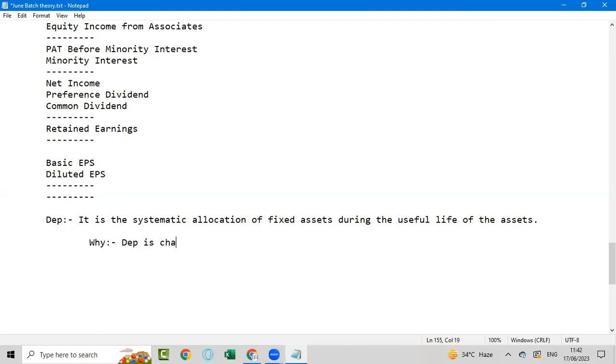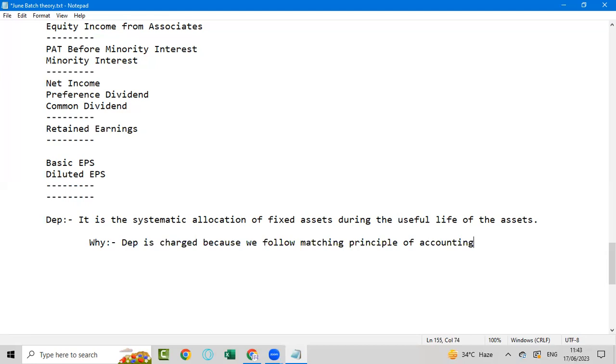Depreciation is charged because we follow the matching principle of accounting. And the matching principle says match the benefits with the expenses. If you have purchased a machine for 50,000, which you are going to use for the next 5 years, the machine has been purchased today and 50,000 has been paid.